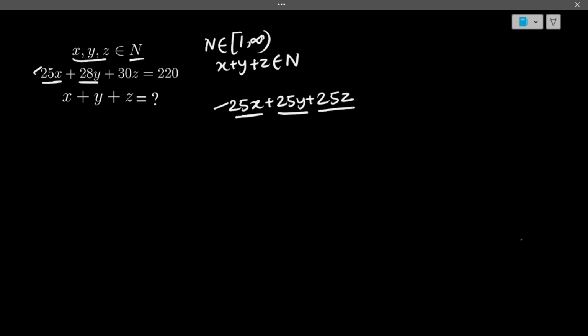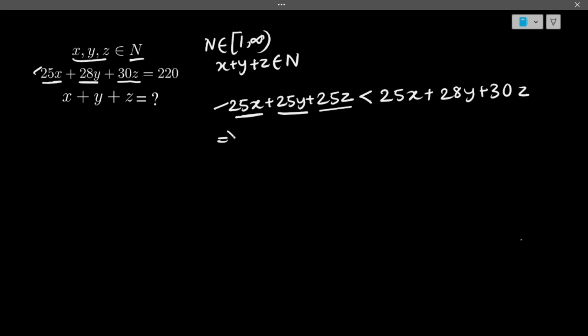The coefficient of z in this quantity is 25 and in this quantity it is 30, and 25 is less than 30. So all in all, this whole quantity will be less than 25x plus 28y plus 30z.